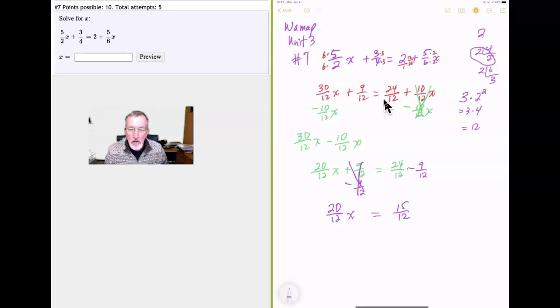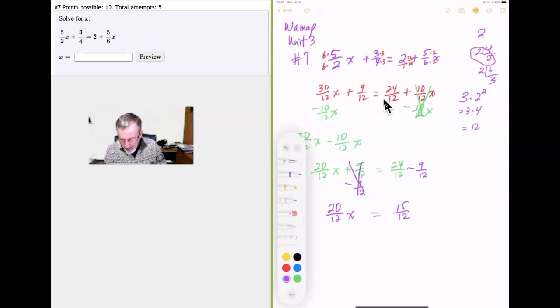And we could reduce these fractions and start to play with them. What I would suggest, we want to isolate x, and right now we have 20 twelfths x, and we want to have x just by itself. And when you're dealing with fractions, the quickest way to go from some fraction of an x to one whole x is to multiply by the reciprocal.